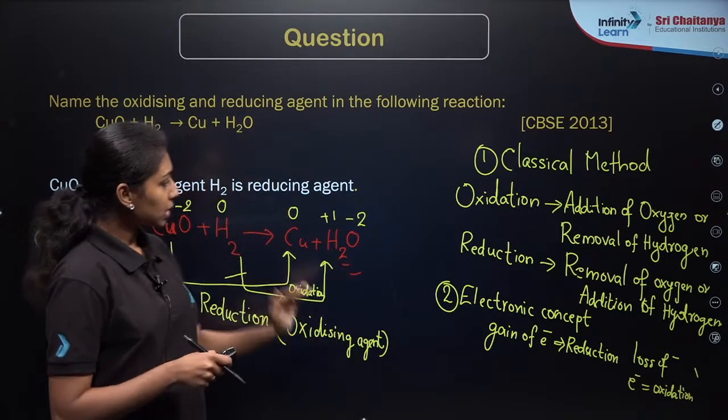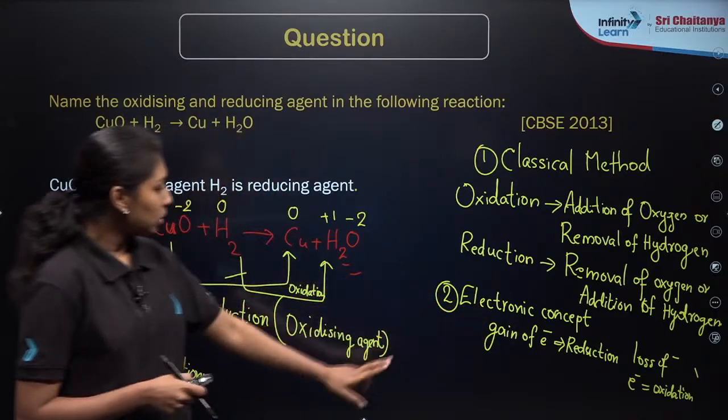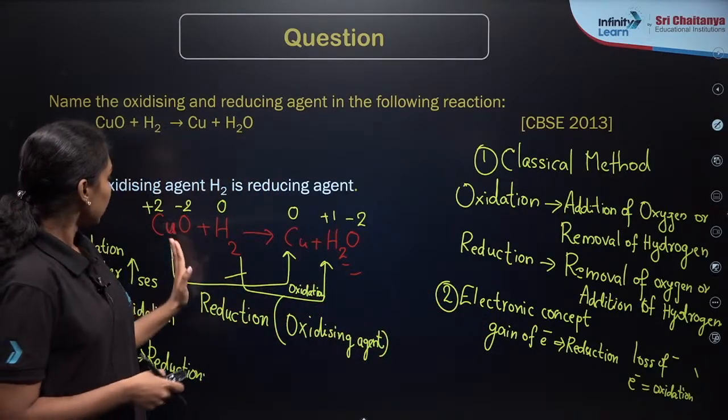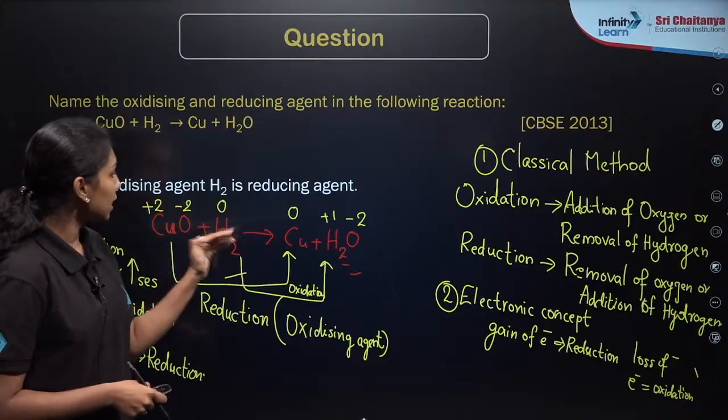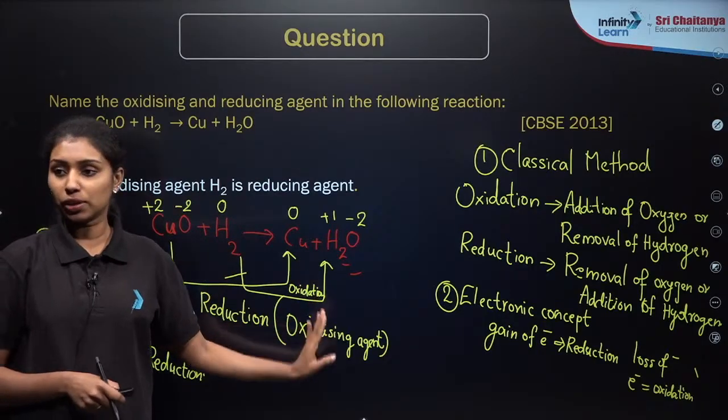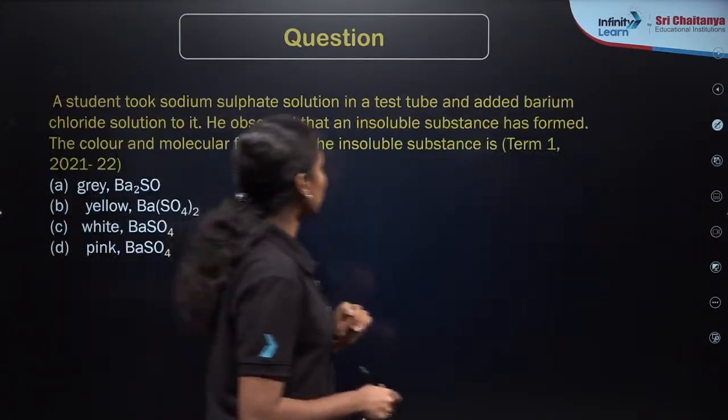So according to our question, we can identify by using the electronic concept or the oxidation number method. You can say that copper oxide will be the oxidizing agent, hydrogen will be the reducing agent. I hope you understand. Okay, now we are moving to the next question.